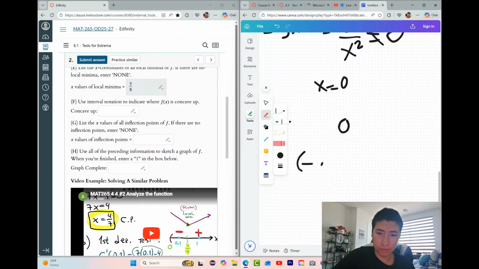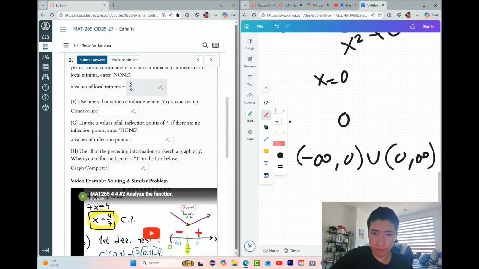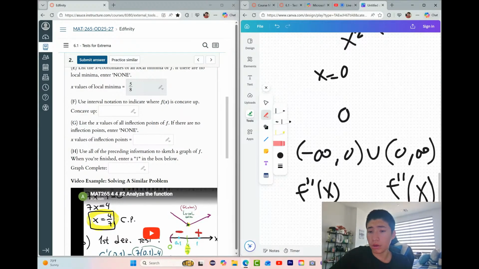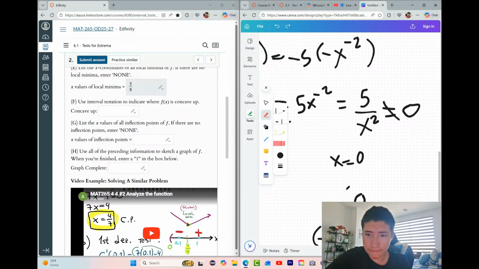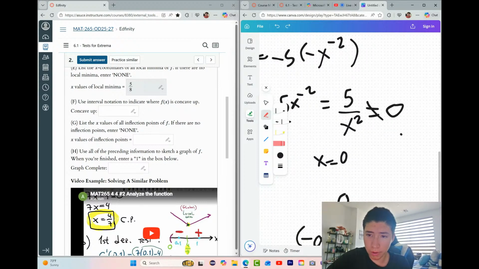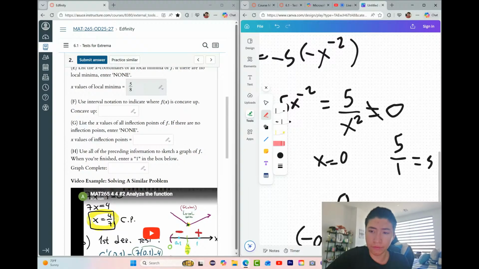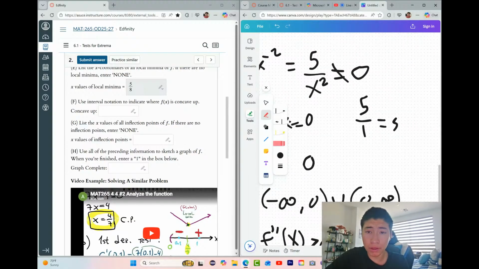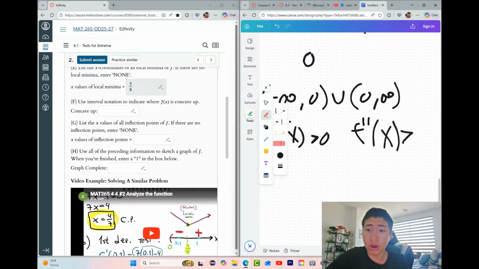So now we have negative infinity to 0, union 0 to infinity, checking whether f prime prime of x is positive or not. Let's test negative 1. We get 5 over 1 equals 5. That's positive. And if we do 1, that's also positive. Oh, interesting, so there is no sign change.